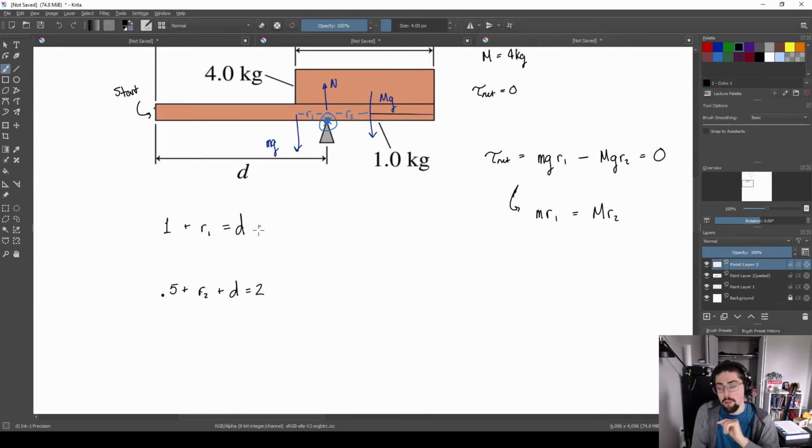So I'm going to use these two expressions. R1 then should be equal to D minus 1. R2 then, I'm just solving these things out, should be 2 minus 0.5, 1.5 minus D.